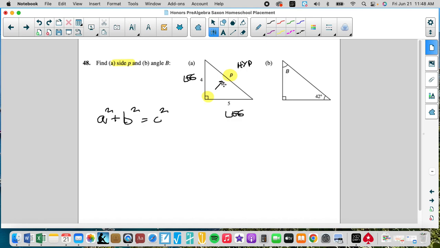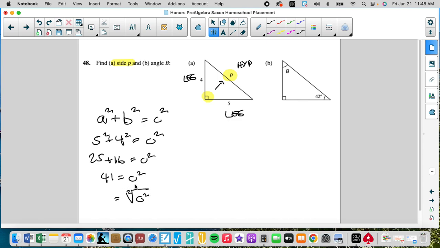So we have a leg of 5, a leg of 4, and it should equal the square of the hypotenuse. That's 25 plus 16 equals c squared. That gives me 41 equals c squared. What gets rid of a square? Yes, a square root.